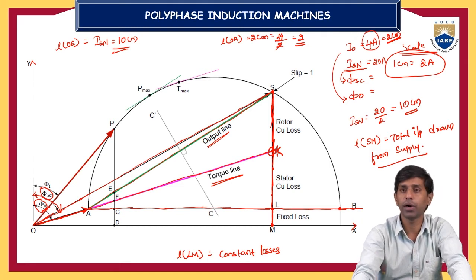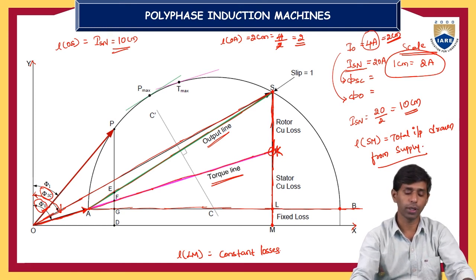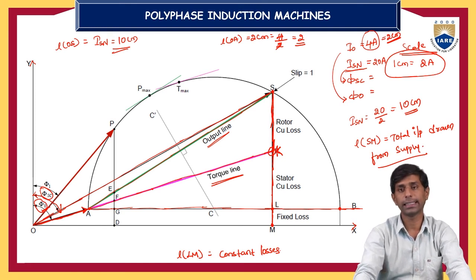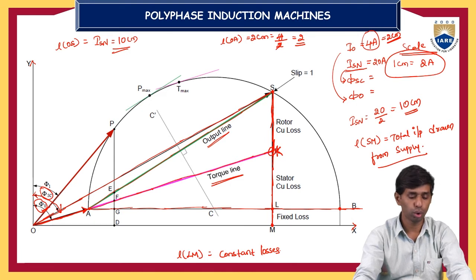After identifying the point which divides the total losses into rotor copper losses and fixed losses, then find out the center point for the circle. So to find the center point for the circle, you have to draw a bisector.